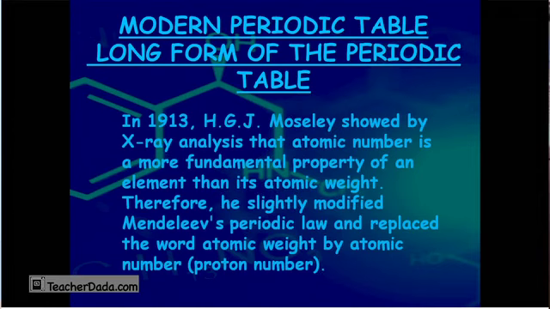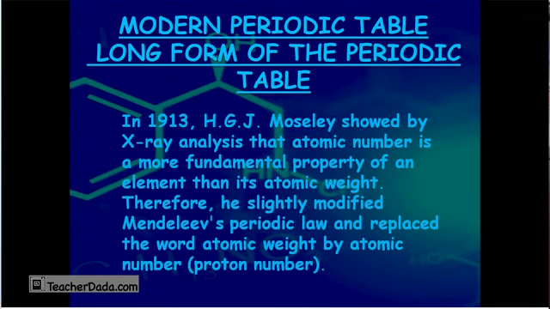In 1913, Moseley had done some experiment with X-ray analysis, and then he said that instead of atomic mass, atomic number is a more fundamental property of an element.